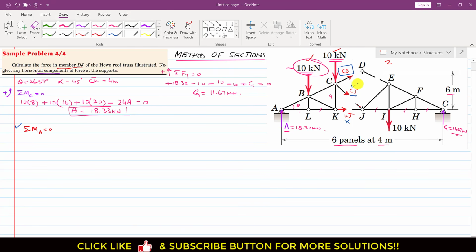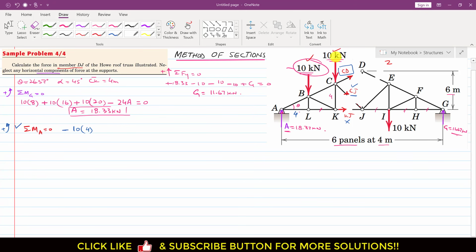Once we have the Cj member force, we will consider section 2, and that will enable us to find the force in the dJ member. Now if we apply the summation of moment about point A, and consider the counterclockwise moment as positive, this 10 kilonewton force is producing a clockwise moment about point A, so we write minus 10, and the perpendicular distance from point A is 4 meters, so we multiply by 4.